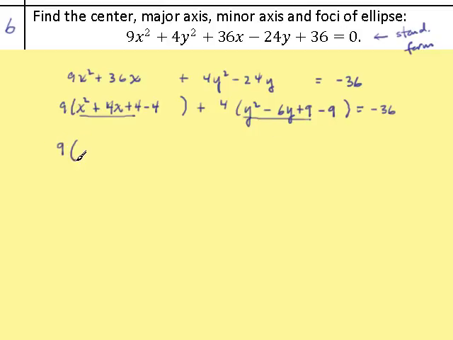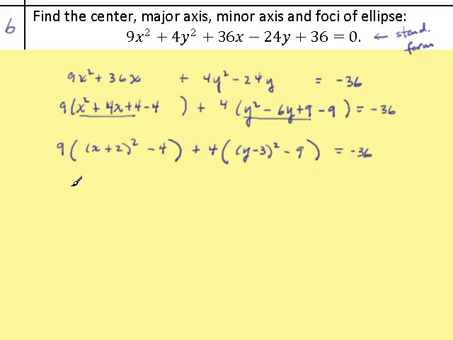So let's do that. Here we have x plus 2 squared minus 4. And here we have y minus 3 squared minus 9. All right, we're getting there.